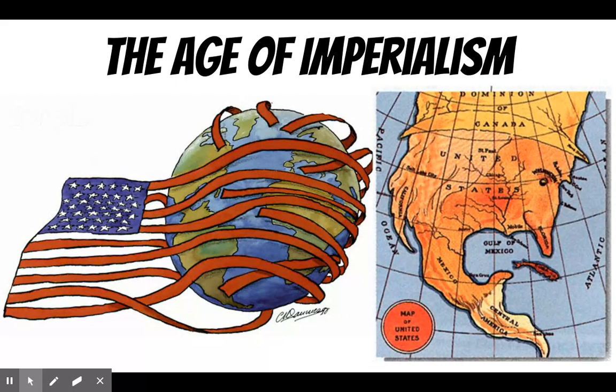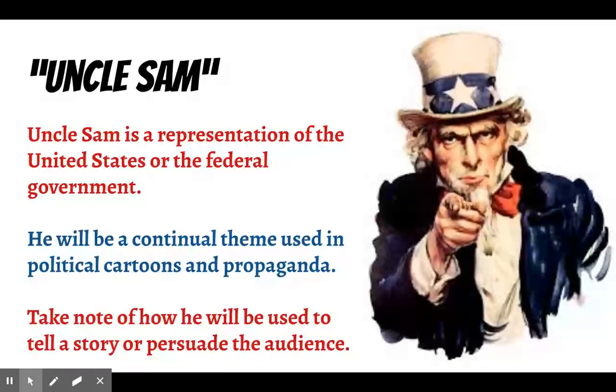The picture on the right is actually showing you this guy right here, Uncle Sam. Uncle Sam is an image, motif, a symbol, and basically a representation. It represents the United States. He also represents the federal government.